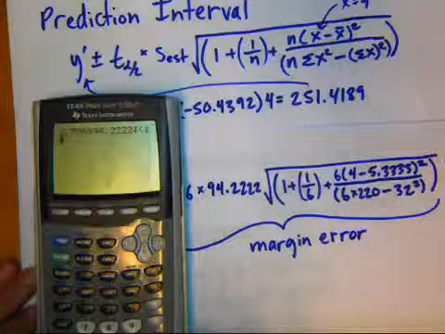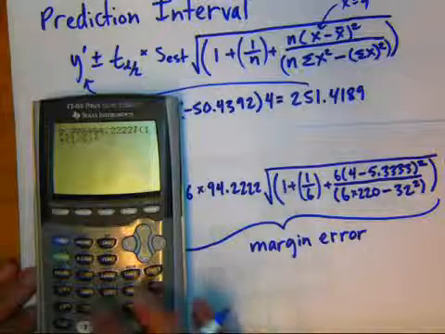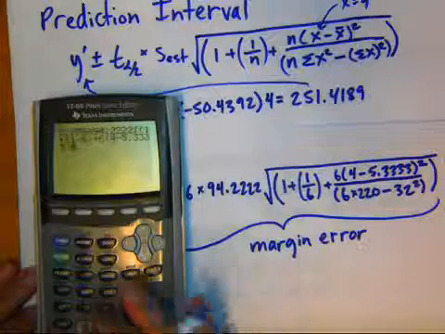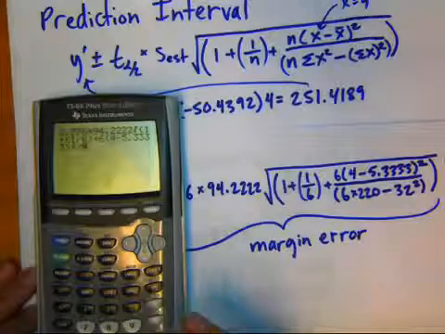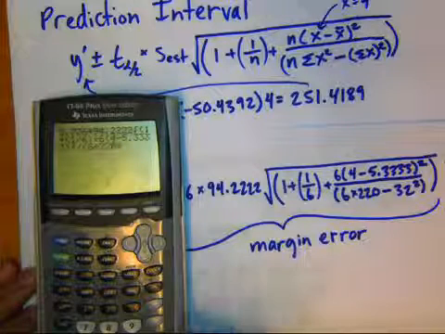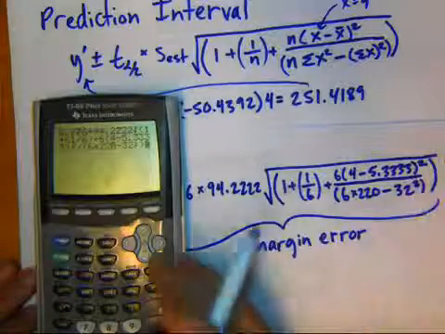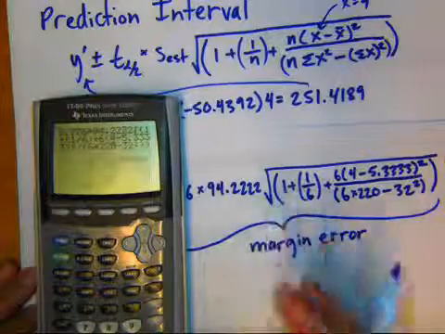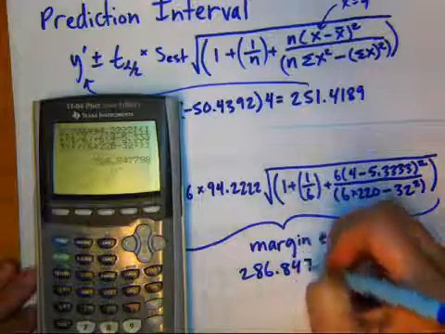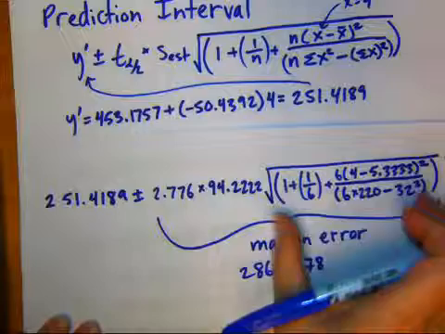Then I have 1 plus 1/6 plus 6 parenthesis 4 minus 5.3333 in the parenthesis squared divided by new parenthesis 6 times 220 minus 32 squared. So I end this one, and then I end it again for the whole square root. And then that's my margin of error, 286.8478.